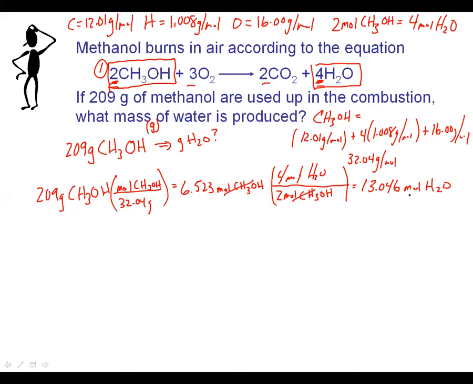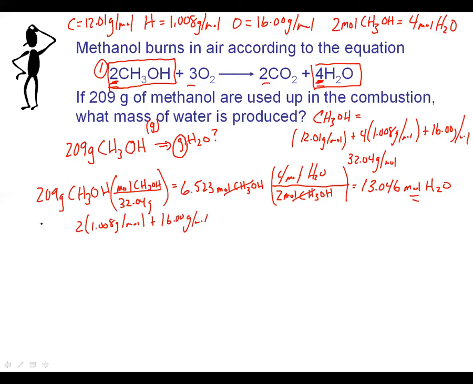So now we're close to what we're looking for, except that we did not want moles, but we do want grams. So we will have to do that last step, which is to convert our moles back into grams. And again, we go to the periodic table to help us do that. From the periodic table, we have 2 times 1.008 for our hydrogens, plus a 16 for our oxygen.